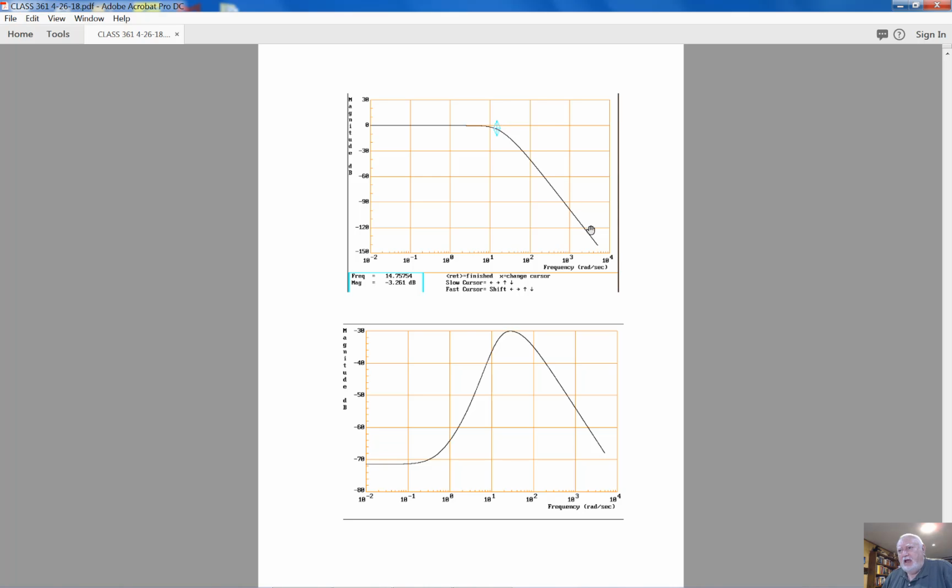And then we have minus 40 decibels per decade. So effectively, our system in terms of dynamics for the reference input behaves as a second order system with natural frequency equal to 15 and damping ratio equal to 0.8. It's a perfect validation of our design.